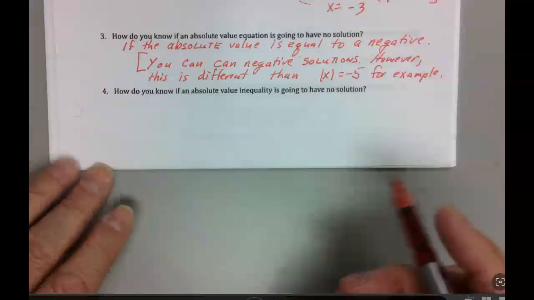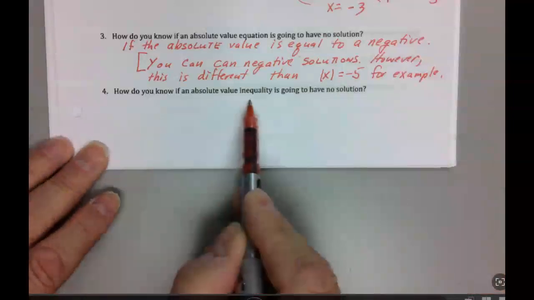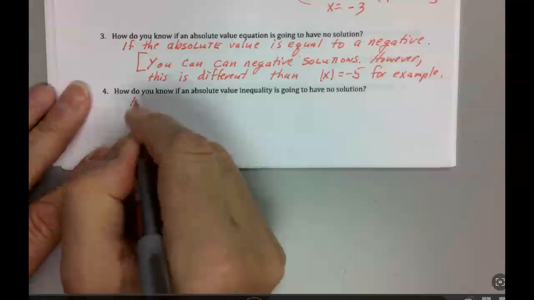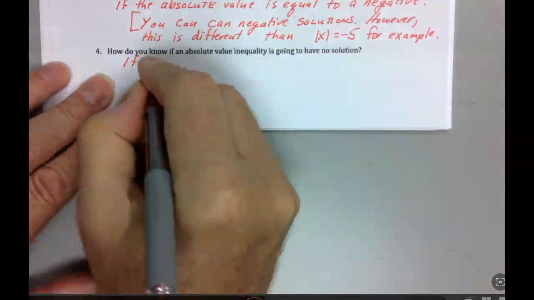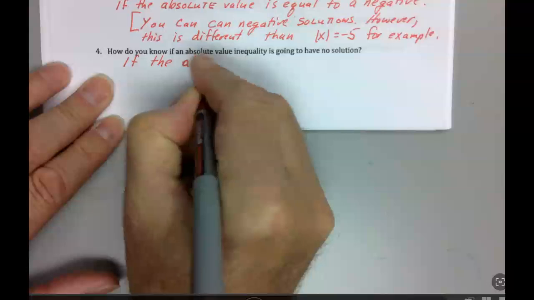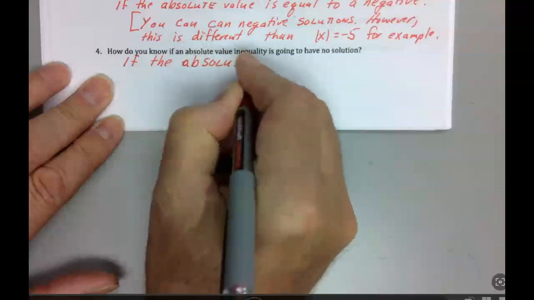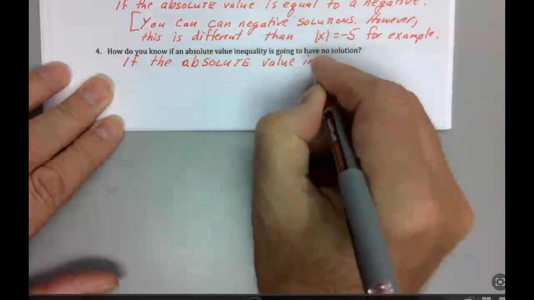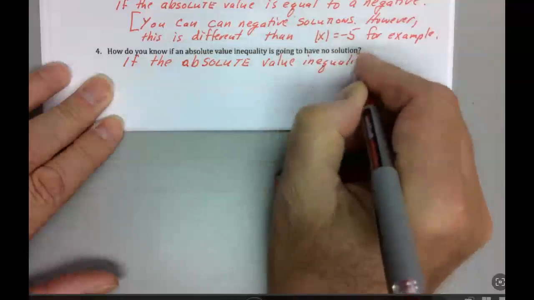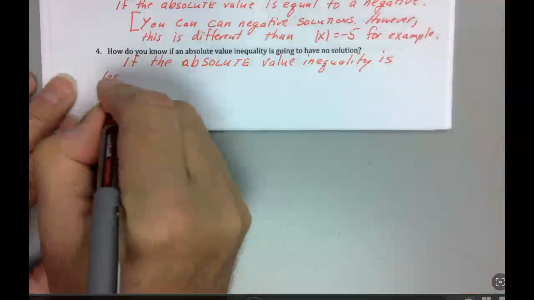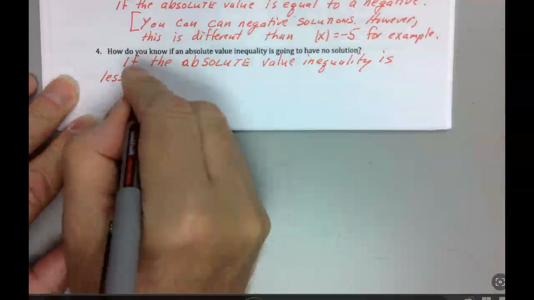All right. How do you know if the absolute value inequality is going to have no solution? If the absolute value inequality is less than a negative.